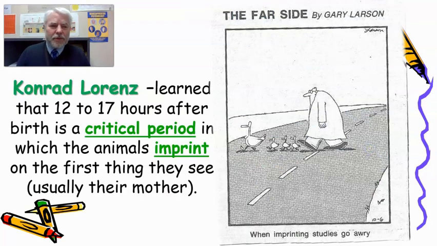This concept, Lorenz determined, occurred anytime the goslings had the opportunity to attach emotionally 12 to 17 hours after birth. So whoever was around 12 to 17 hours after hatching became mom, and the goslings would follow them around just like a mother.